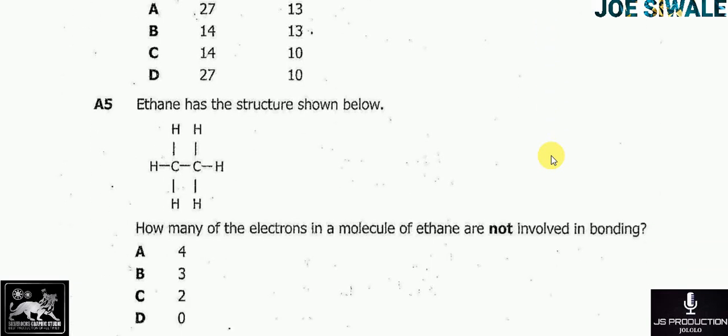Question 5 reads, ethane has the structure shown below. As you can see, that's the structure of ethane. How many of the electrons in a molecule of ethane are not involved in bonding?